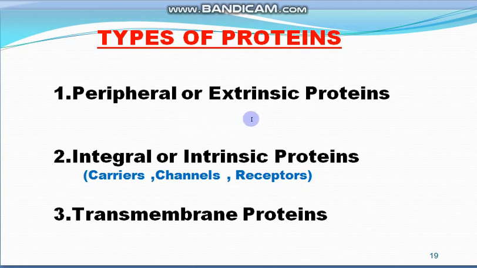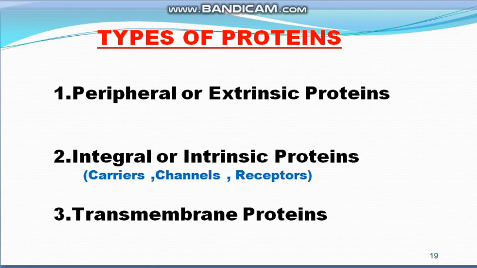These are present on the surface of the membrane and they are loosely connected, so they can be easily removed in aqueous solution, meaning in a solution of water, and they have chains of sugar attached to them. So these are the peripheral or extrinsic proteins which can be removed easily in aqueous solution.